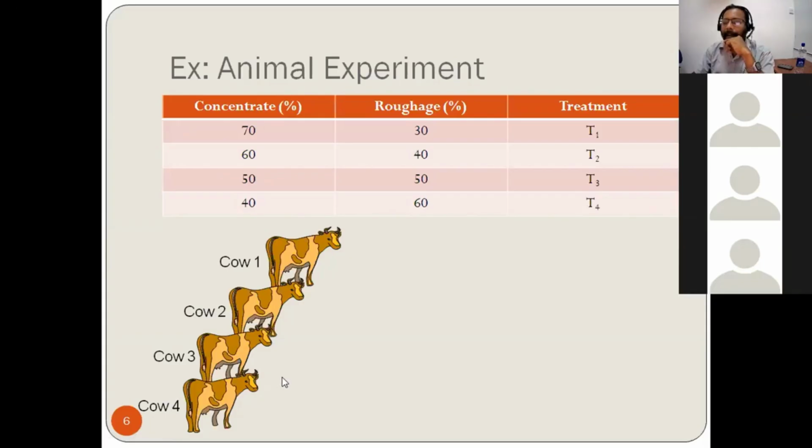Why is there a biasness? Anyone? Because by looking at the cow, by looking at their weight, we are giving the treatment. So that is no randomization. So what is the best way to randomize?